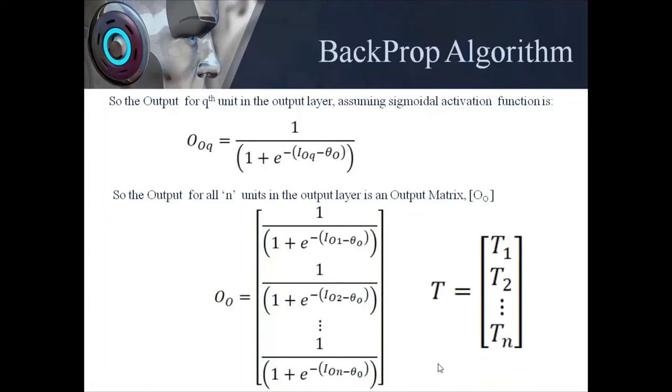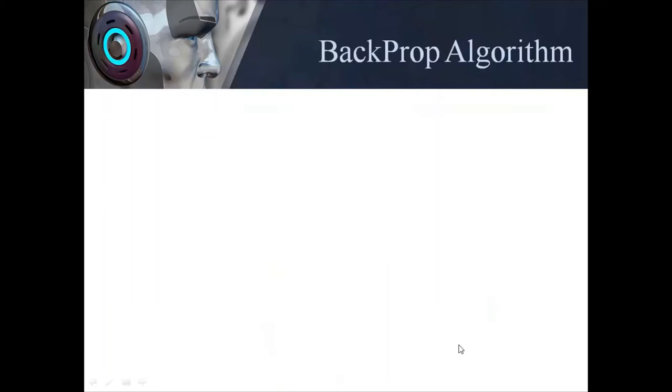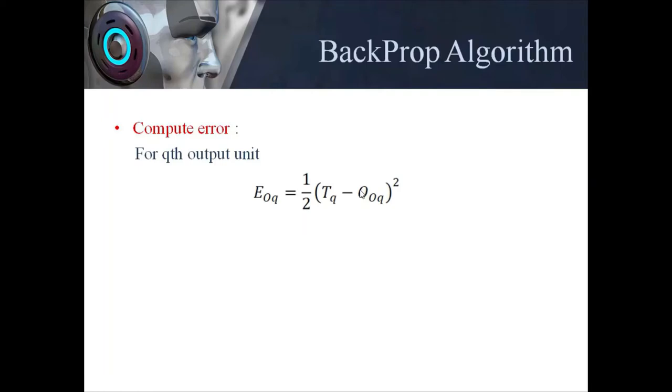Once I have this, I now consider my target or the expected values of the outputs for all the n units in the output layer. Now I compute the error. Again, error would be computed for all the units individually in the output layer. So for the qth unit, my output is taken as a mean squared error, which is given by this.